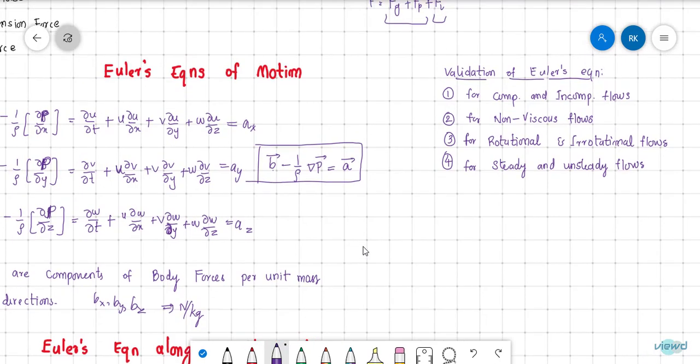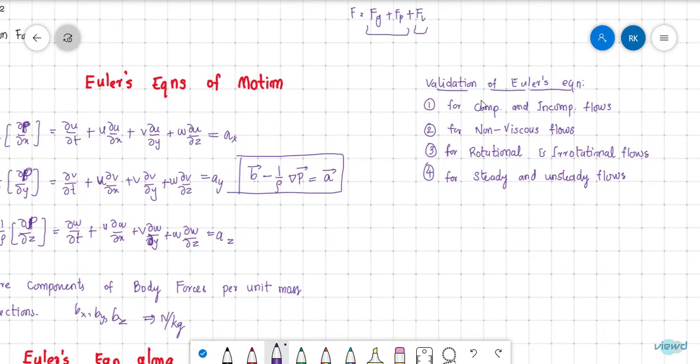So where is this Euler's equation valid? For compressible and incompressible flows, Euler's equation can be applied. For non-viscous flows, also called inviscid flows, Euler's equation is valid for rotational and irrotational flows, and steady and unsteady flows.